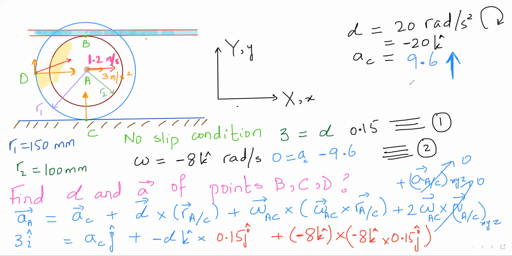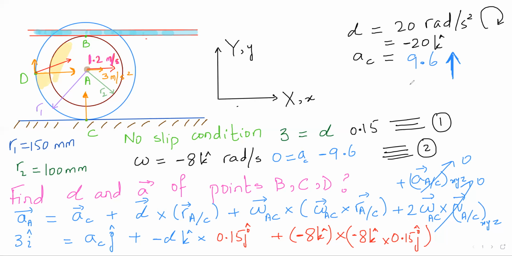Okay, minus 20. Cross product, you have B with respect to A. So B is right on the top with respect to A. It has a positive j component to it, and it is at a distance of 100. So right 100. Positive 0.1j. 100 over 1000, so positive 0.1j.